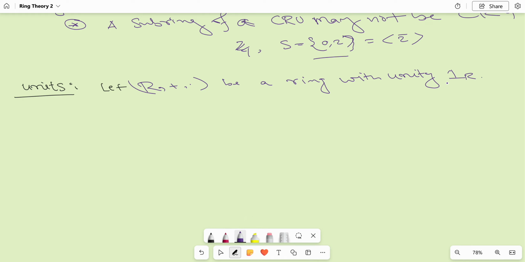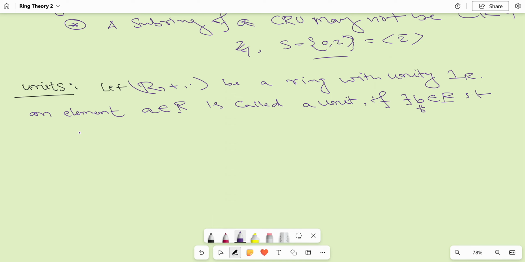Then an element a inside R is called a unit if there exists a b inside R, which is non-zero, such that a dot b equals b dot a equals 1R.